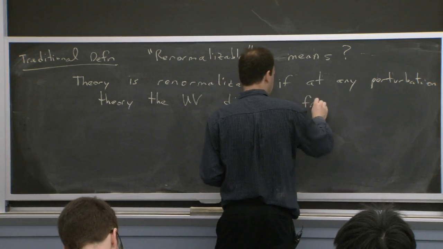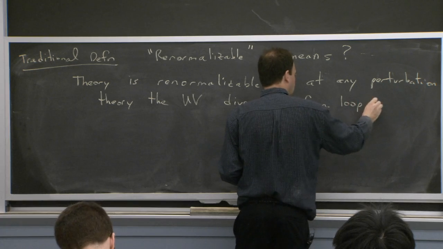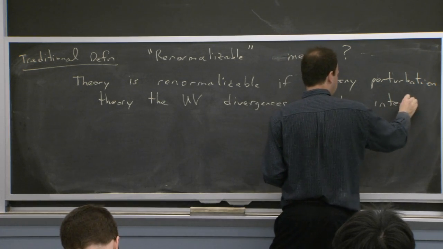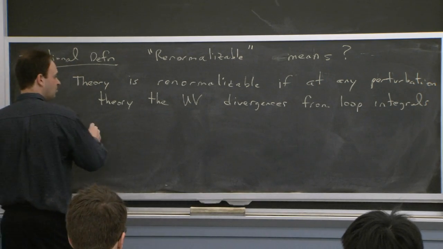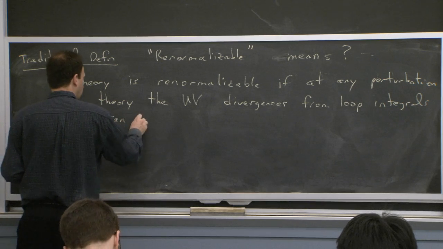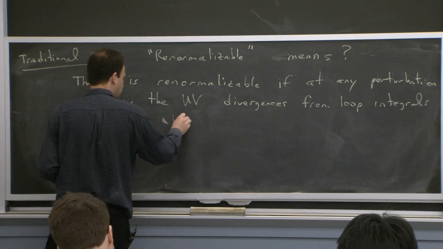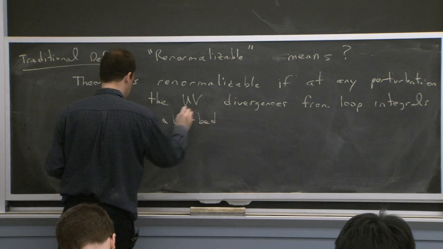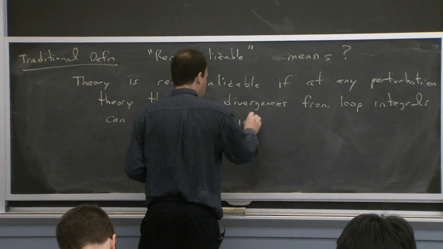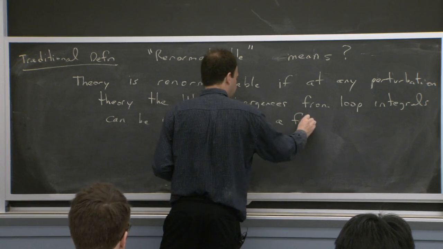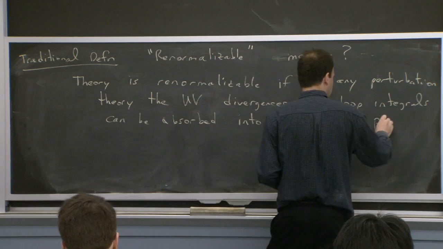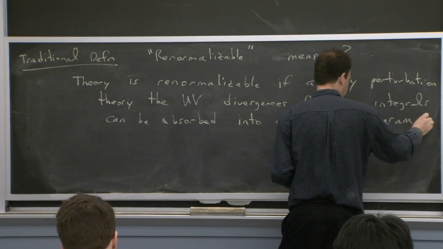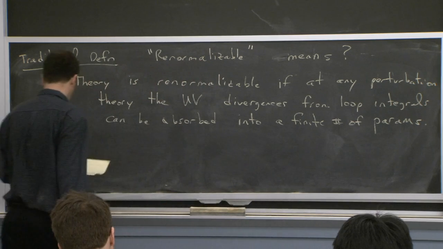So there's UV divergences from loop integrals. If they can always be absorbed into a finite number of parameters, then you'd say the theory is renormalizable. But that's a traditional definition, and we will use a more general definition here. Certainly this was a guiding principle when people constructed the standard model.